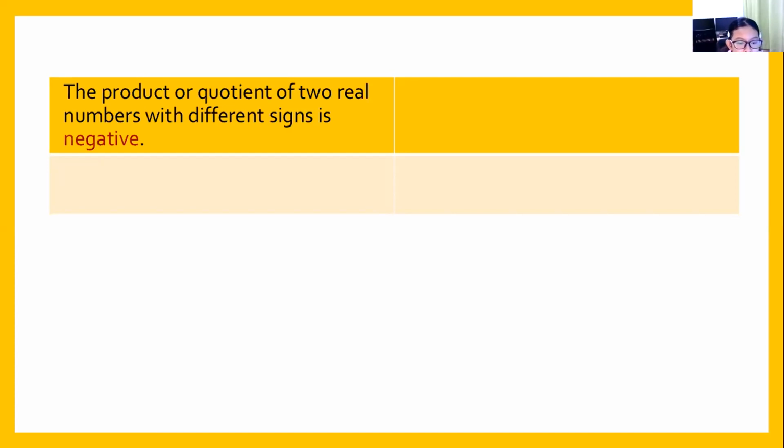Quotient means the result when you divide numbers, okay? Now, if the two real numbers have different signs, the result will be negative, okay?